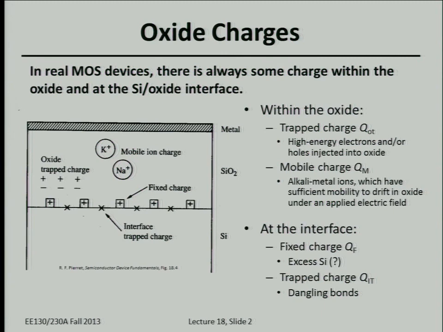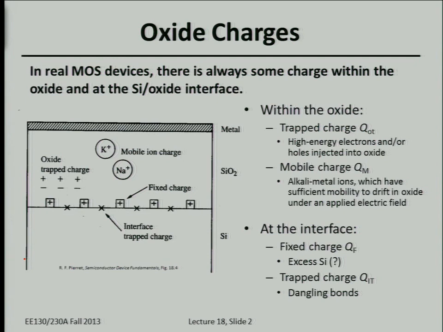Also, at the interface between perfectly crystalline silicon and the silicon dioxide, the oxide is actually amorphous. So it has no regular lattice structure, and it's not going to have any regular bonding structure between the silicon and oxygen atoms. That's also the case at the interface between single crystalline silicon and amorphous oxide. So there basically will be dangling bonds at this silicon and oxide interface.